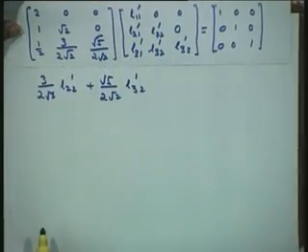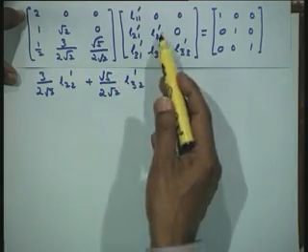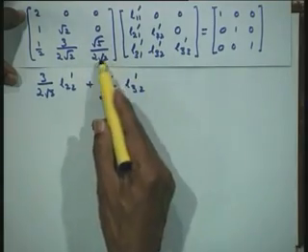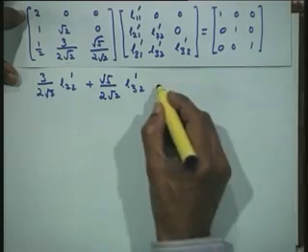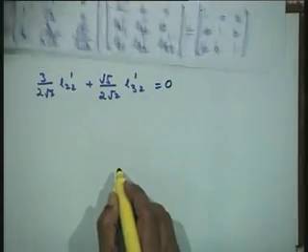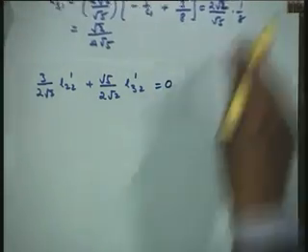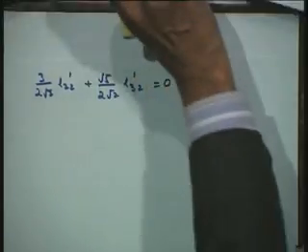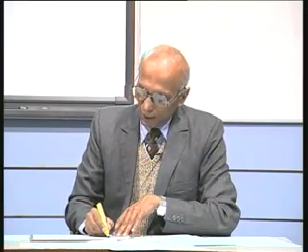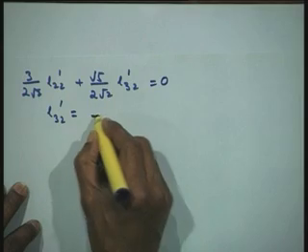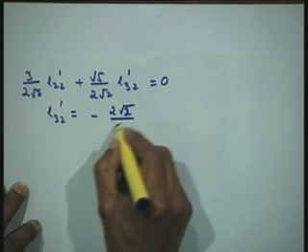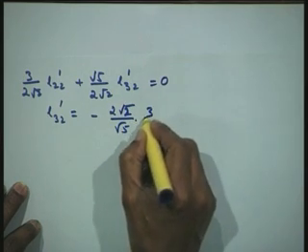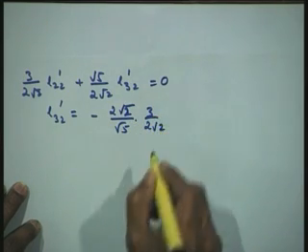So, what I would get here is 3 upon 2 root 2 into L22 dashed plus root 5 upon 2 root 2 L32 dashed, and this element should correspond to this, that is equal to 0. Therefore, we can find out L32 dashed, that is equal to minus this factor, let us write it first, 2 root 2 divided by this 3 upon 2 root 2.